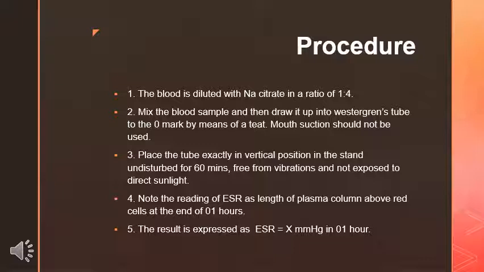The 200 marking is at the bottom of the Westergren tube, and the 0 is at the upper end. So we will fill the tube up to the 0 mark, meaning the tube is now filled from 0 to 200.